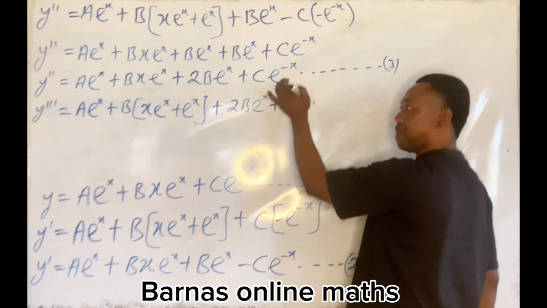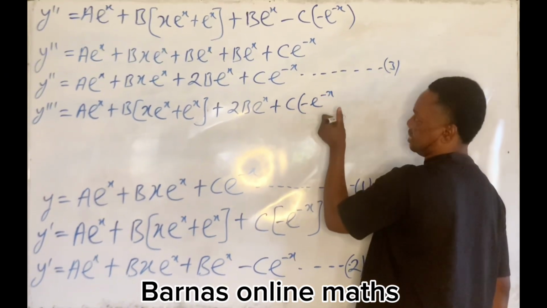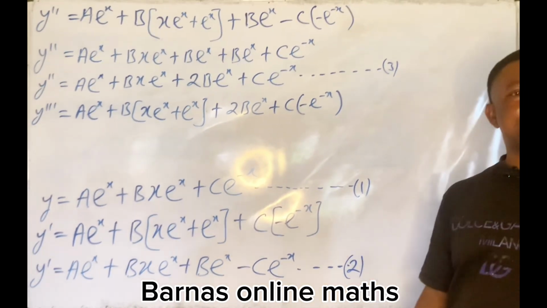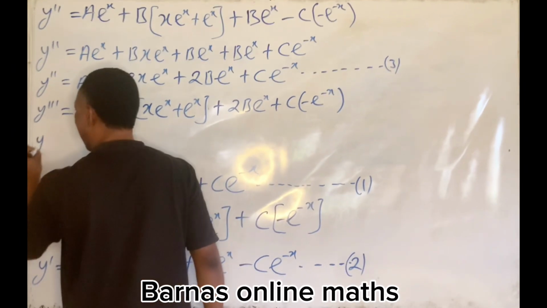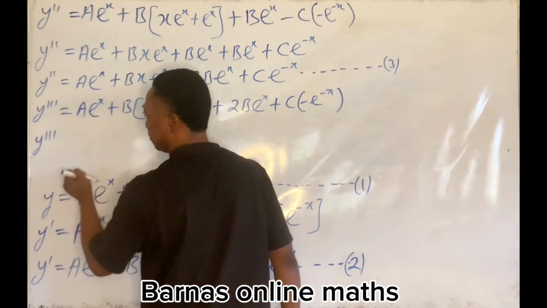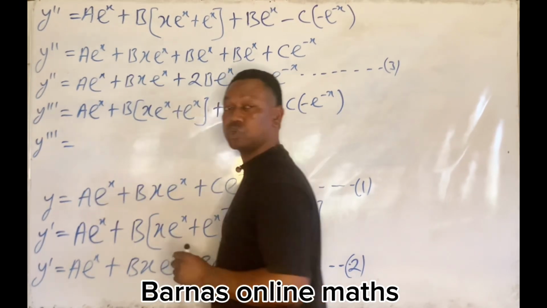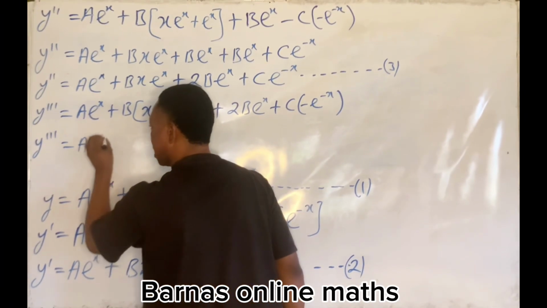Differentiate e to the power minus x will give us minus e to the power minus x. If we further simplify, we are going to have that y prime prime prime will be equal to a e to the power x.